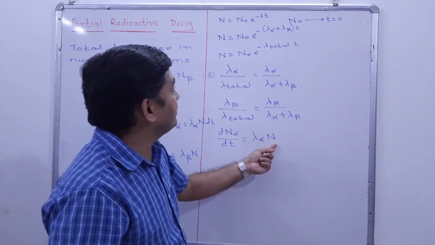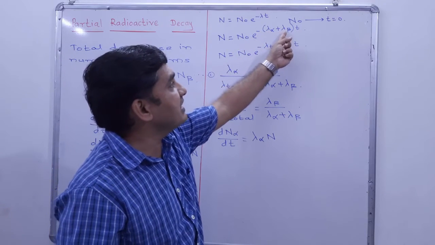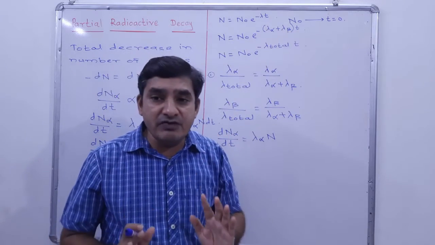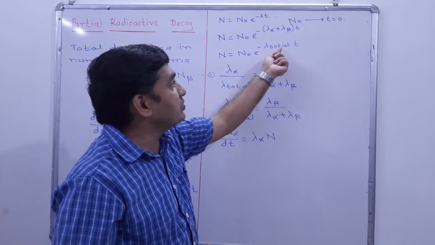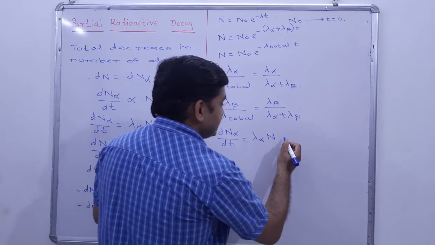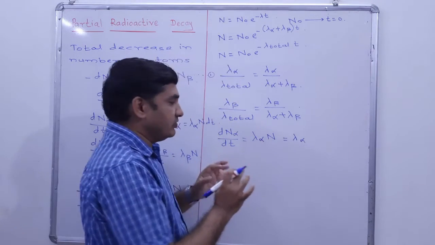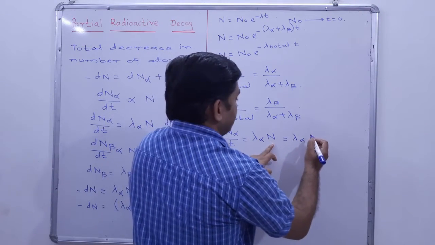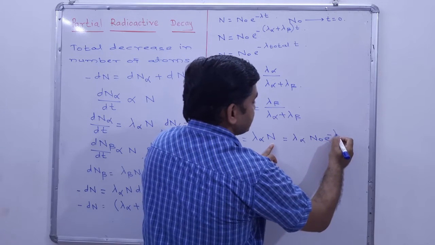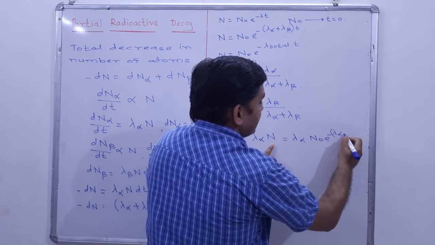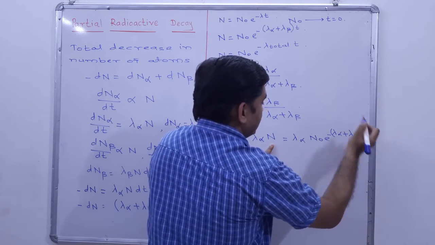But N is equal to N0 e raised to minus lambda alpha plus lambda beta into t, or simply N equals N0 e raised to minus lambda total into t. So this equation can be written as lambda alpha, considering magnitude only, into N0 e raised to minus lambda alpha plus lambda beta into t.